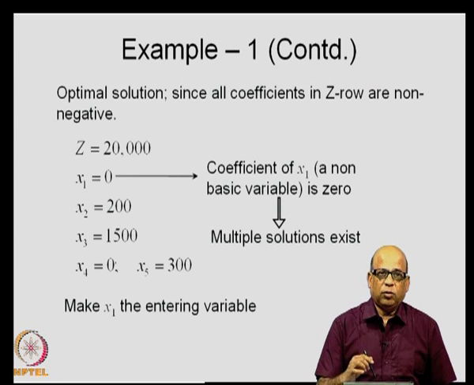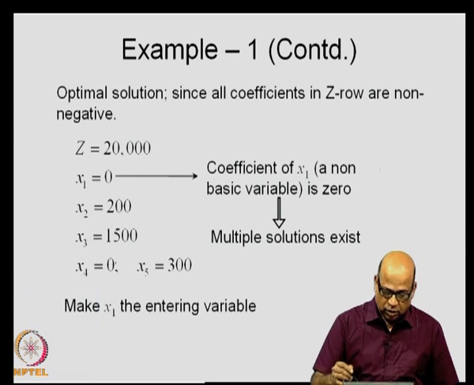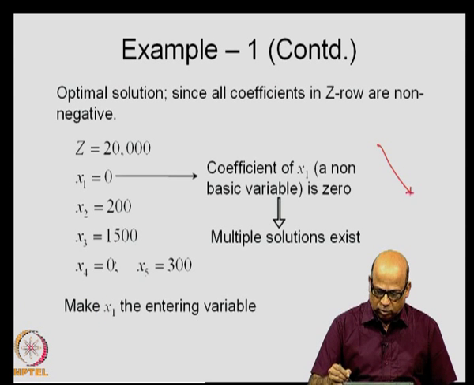And what we are getting through the simplex algorithm is the corner points. Remember, we are going from one basic solution to another basic solution, so we are going from one corner point to another corner point.